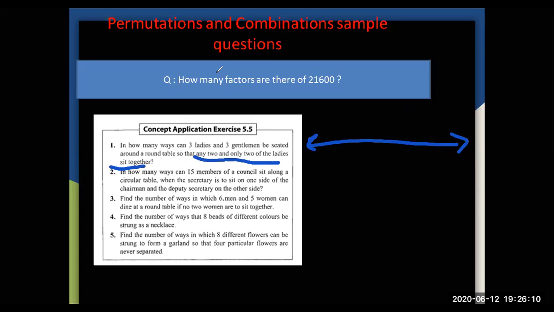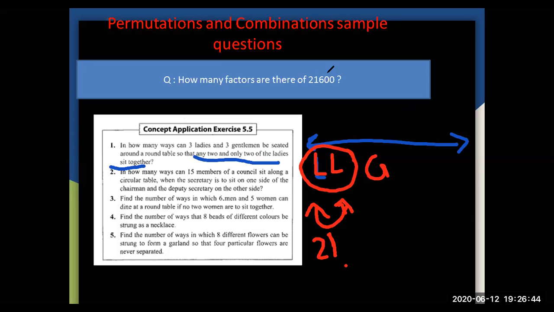In such cases, what we do is we consider the two ladies to be just one, and then there's also the fact that they could be rearranged themselves, so you have to make sure you're multiplying by 2, and then you have to arrange them with the 3 men.